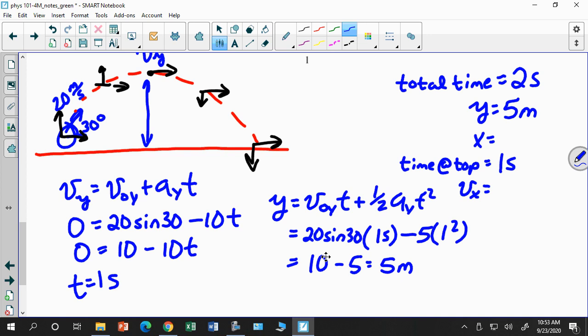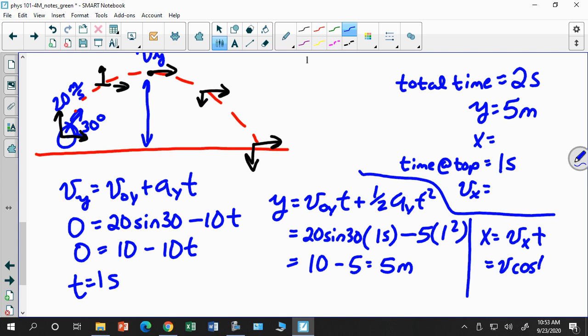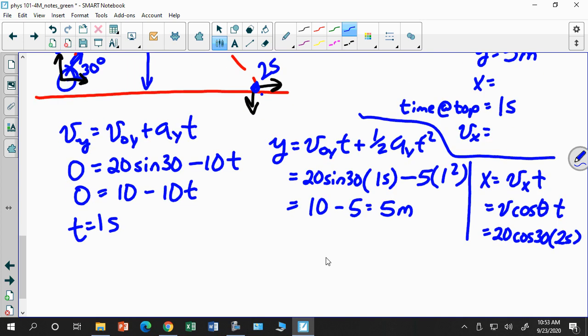Then if I want to know the x range, x is equal to Vx times t. That's going to be V cosine theta, the x component of V, times t, which is going to be 20 cosine 30 times t. I'm going to use 2 seconds here because that's the total time.